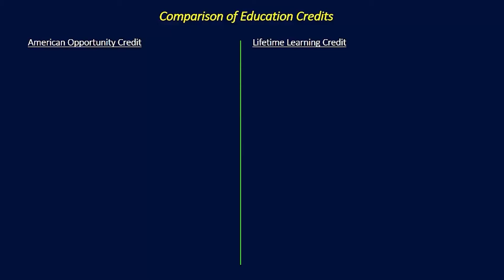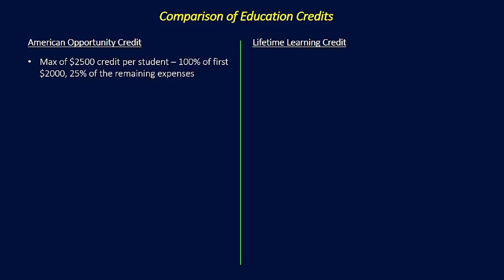Let's look at a comparison chart of these education credits. On the left side, we have the American Opportunity Credit. On the right, the Lifetime Learning Credit. The American Opportunity Credit, we get a max of $2,500 credit per student, 100% of the first $2,000, 25% of the remaining expenses.